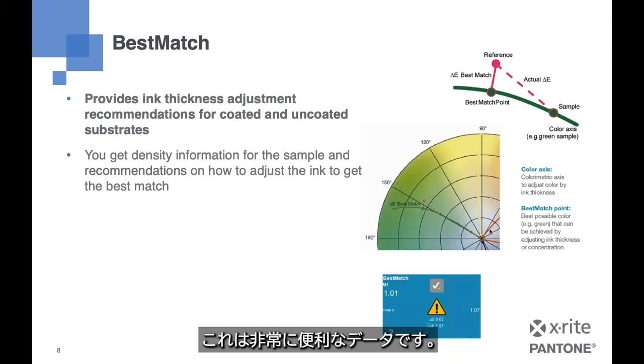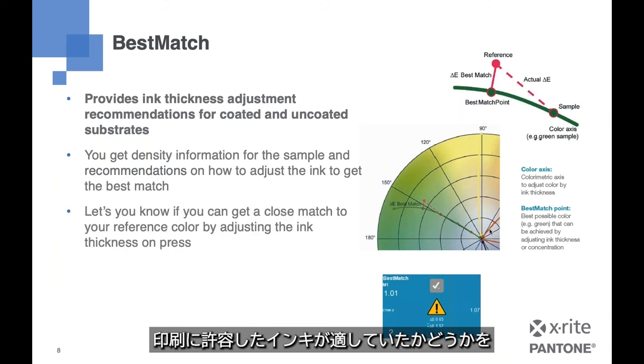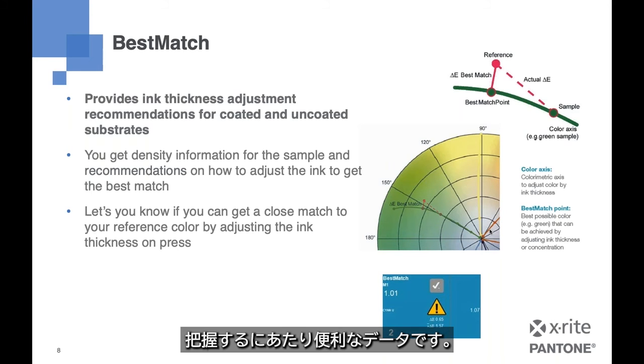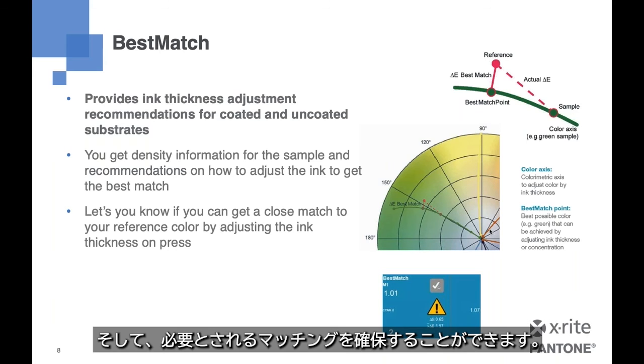This is information, and this is helpful. This gives also the operator an understanding if the ink he has loaded in the ink unit is okay, and can get the close match as it is required.